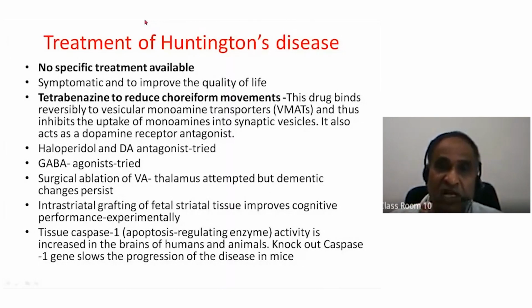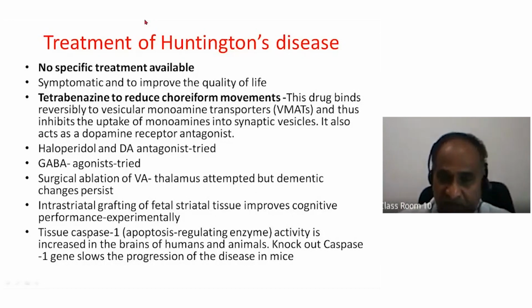The best way to deal with it, and I'm just proposing and triggering your thinking, is to diminish the expression of huntingtin, the toxic protein which is producing this. That should be our direction for designing the treatment.